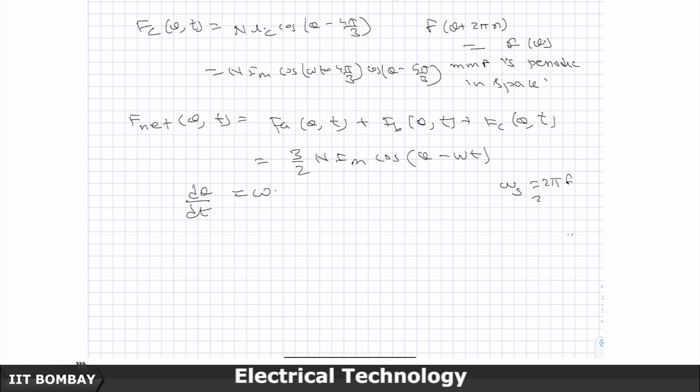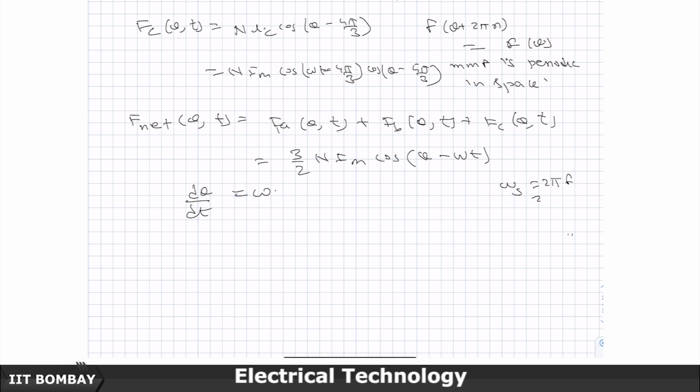So, now a stationary observer anywhere sees an MMF which is sinusoidally varying in time, and a rotating observer at the synchronous speed sees it as a rotating MMF wave at a speed of omega.